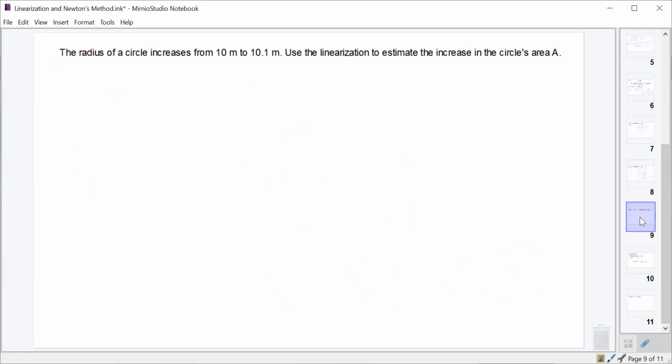Let's do one more. This time we're going to apply it in a sort of real world situation. It's not really, because how am I really going to make the radius of a circle increase from 10 to 10.1 meters? But that's fine. If we had a circle that was increasing from 10 to 10.1 meters and we wanted to estimate the increase in the area, what's the equation that we would use to do that?